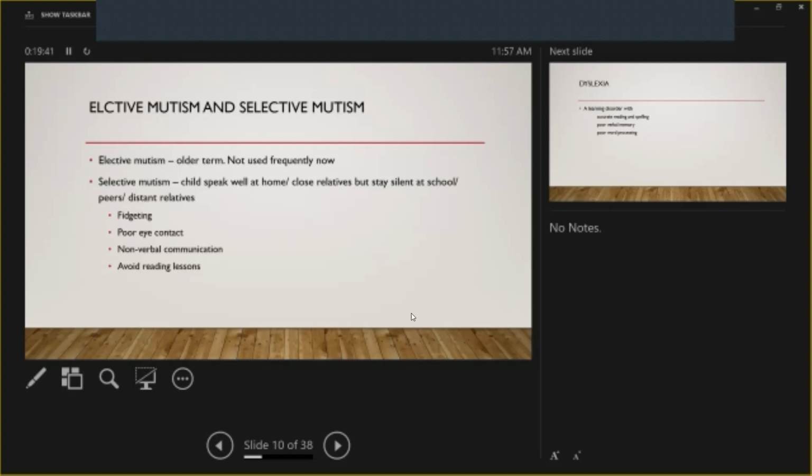They have non-verbal communication, and very commonly the class teacher will say, this child has very good writing skills. He's very good at work, but he never reads in class, right? So sometimes they skip the reading period, but they are very good in the other ones, right? So they don't debate, never, right? No debating, no reading, nothing, because they freeze, right?